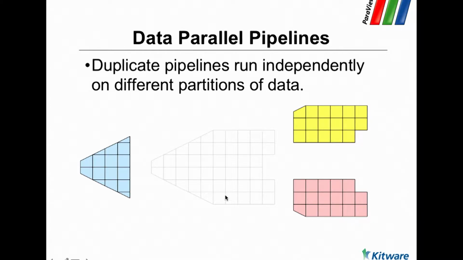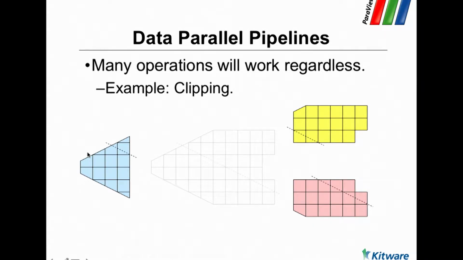A lot of things work fine just by doing that. For instance, if you want to cut your data set, you cut the individual pieces and generate the visualization for those pieces.